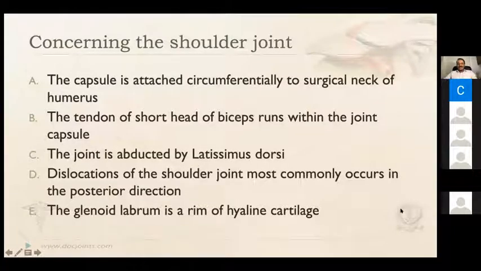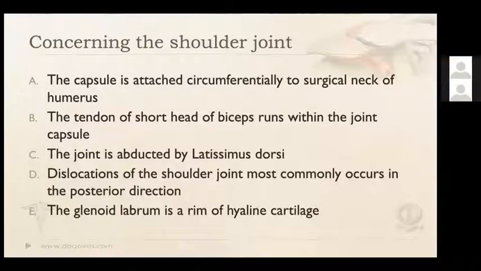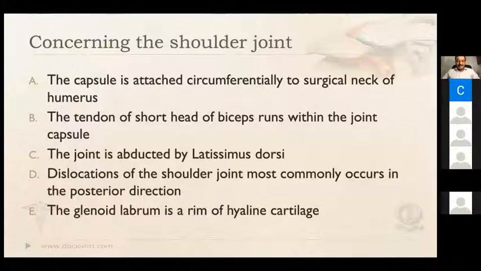Dr. Jose? Is that the right statement in this? Anyone? Okay, I'll give the answer. That's wrong as well. So all the statements are wrong. It's attached to the anatomical neck of the humerus. Okay. Let's move forward.